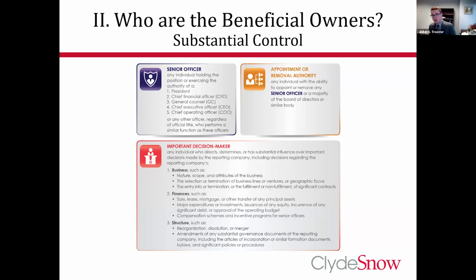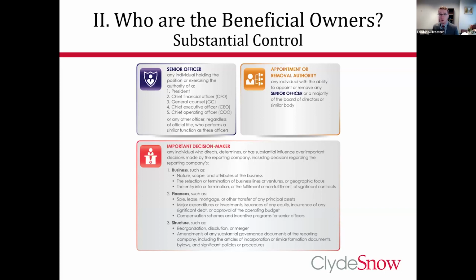The next quadrant is appointment or removal authority. And these are individuals with the ability to appoint or remove any senior officer or majority of the board of directors. Note, it does specify majority of the board. Here, I think your likely interest and your difficult spots are for those of you who have shareholders agreements, preferred stockholders, or other types of specialty rights for, say, an important investor or a founder who has founder share protection about appointing members to the board.